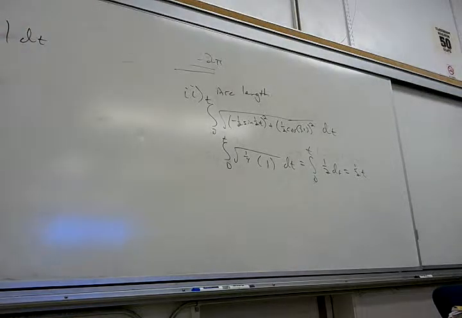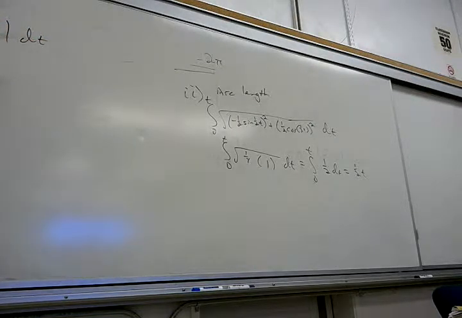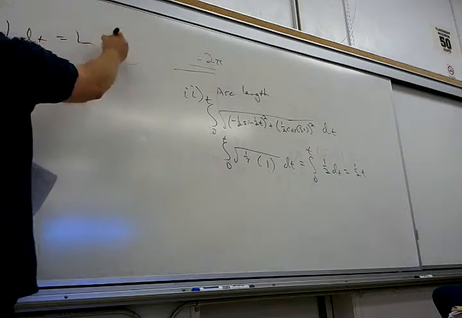Yeah, it's r prime, right? It's like a velocity. So this is really just r prime like we did there. Of course this is the magnitude, and that's why the equation is the square root of the components squared. That's how you get the magnitude of any vector. So it's just really what we did there. And this comes out to be L t.